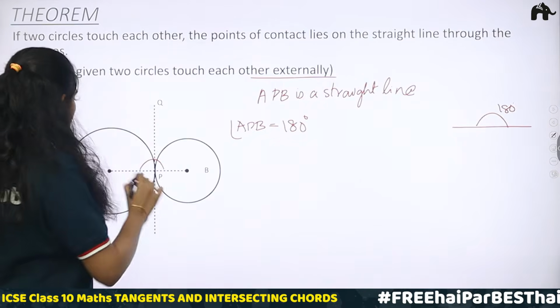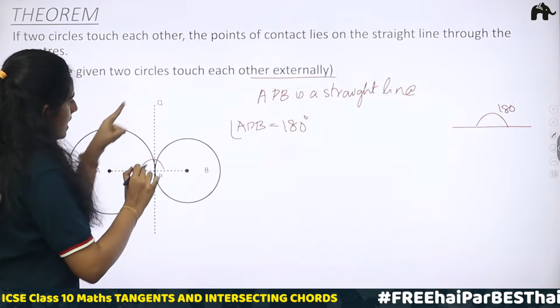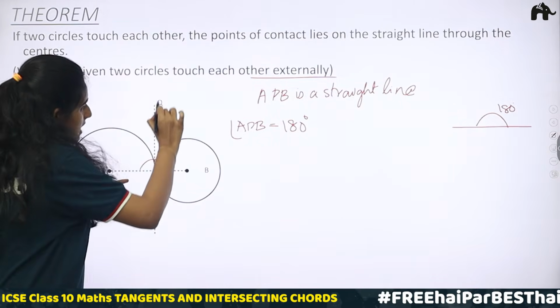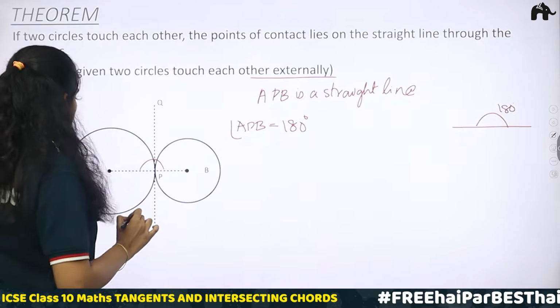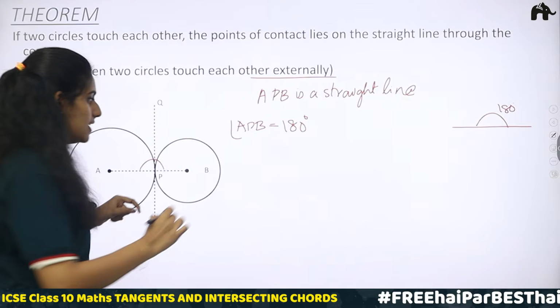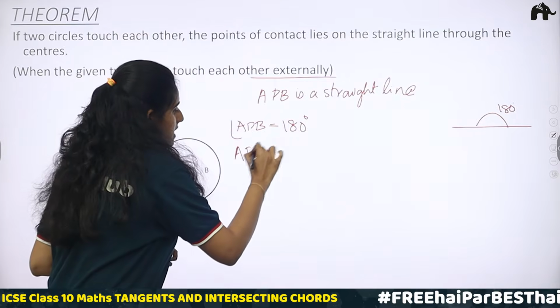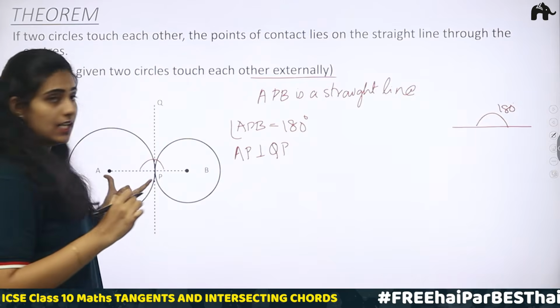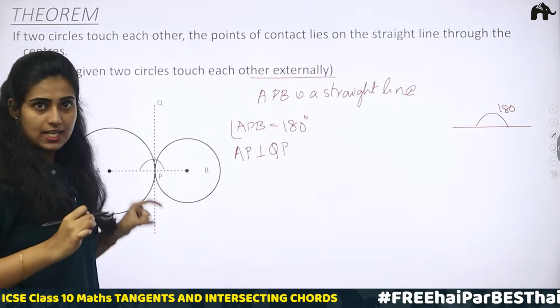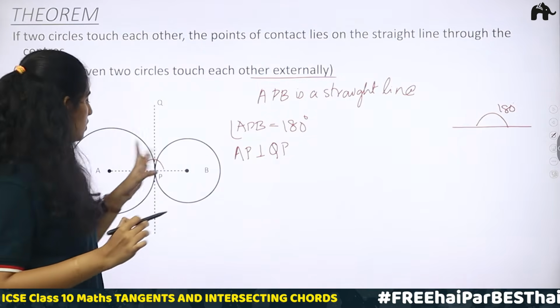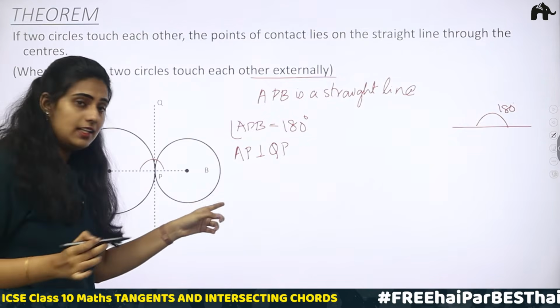Now, consider the first circle, the radius AP and the tangent QP. For this circle, we have QP perpendicular to AP, because AP is the radius and QP is the tangent. The angle between the radius and tangent at the point of contact will be equal to 90 degrees.